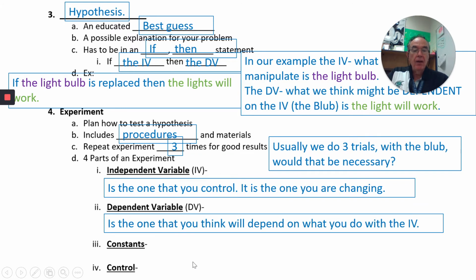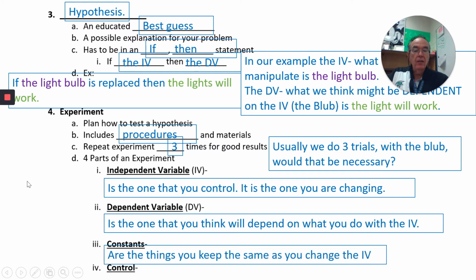The dependent variable is the one that you think will depend on what you do with the IV. So in the first example, we think the lights working will depend on the light bulb. In the other example, we think that the amount of plant growth will depend on what we can control, the amount of fertilizer that we give the plants.